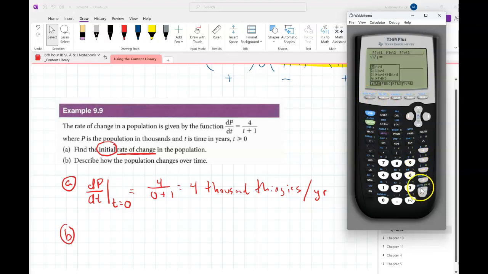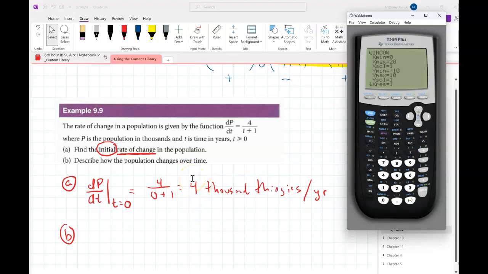But that's my plan: I'm just going to take this graph of the derivative and look at what's going on. Now I'm going to reset my window here. So I know that my x minimum is 0, and then maybe I'll go for like 20 years or something. The y is the value of the derivative. We know it's going to be at least 4.